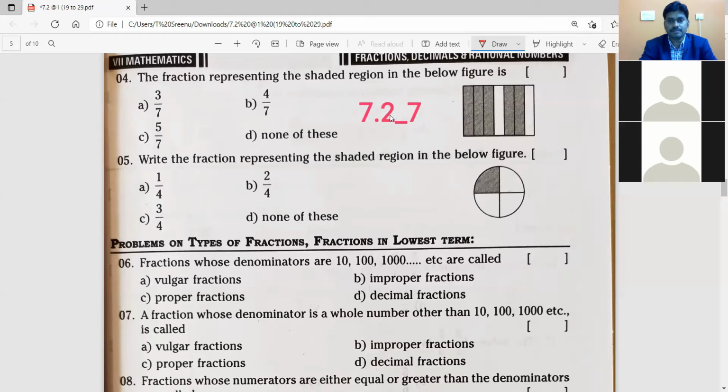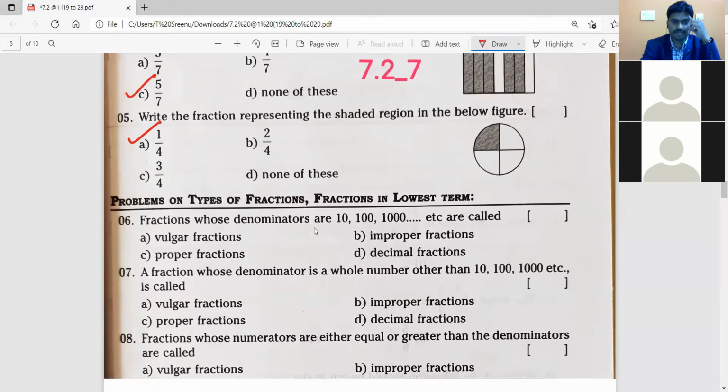Okay. Both of you type the answers. Okay, Tauzuddin, right. Sir, fourth 5/7 and fifth 1/4, sir. Okay, right. Sir, fifth one is 1/4, sir. Very good.